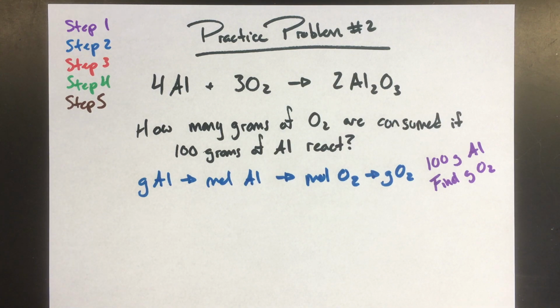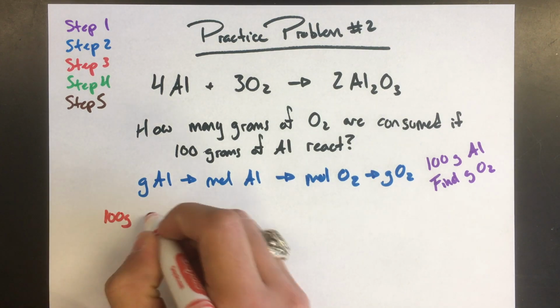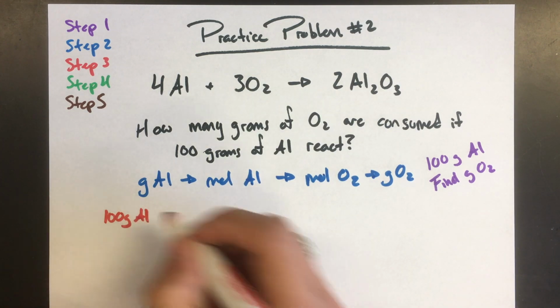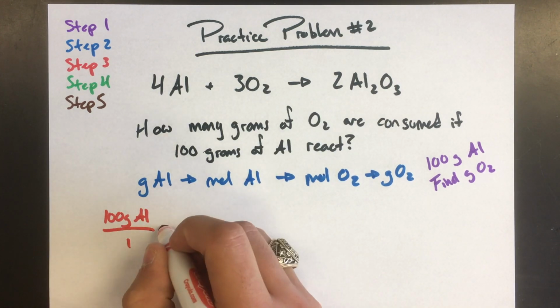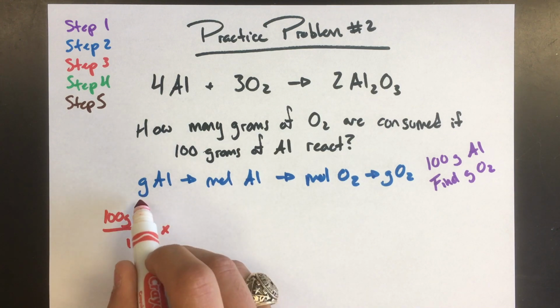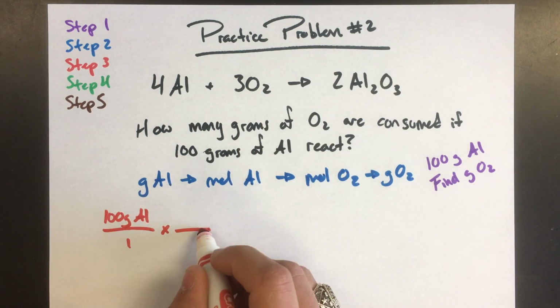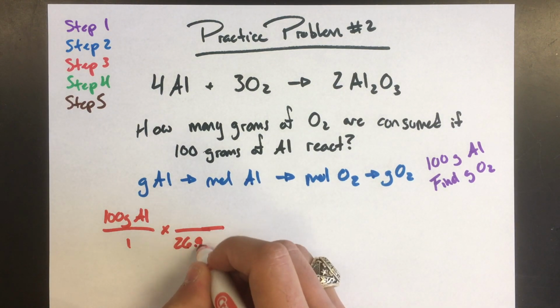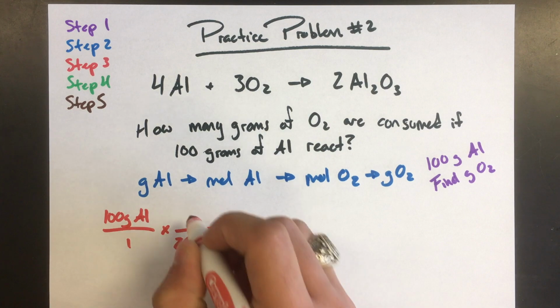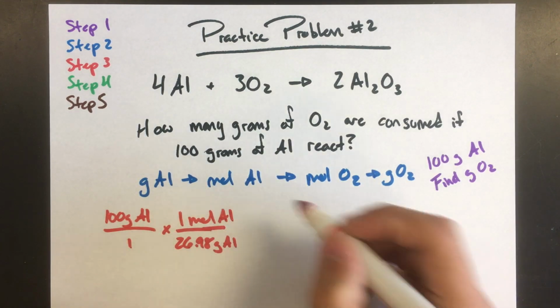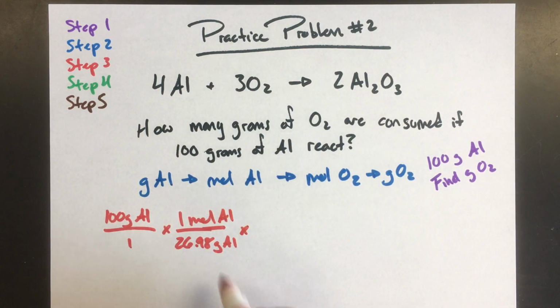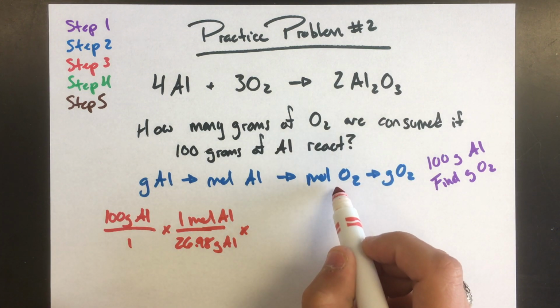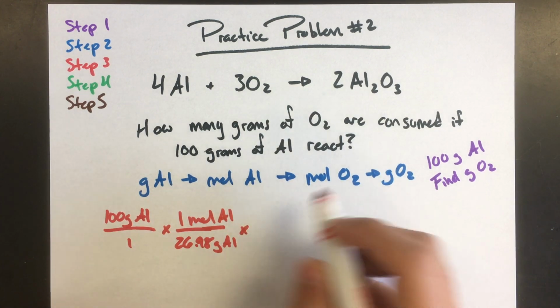Our next step is to write the conversion factors. So remember, we're using our news you can use for this. So we're going to start with 100 grams of Al, and we put that over 1. Then we're going from grams to moles. You should know by now that aluminum has a molar mass of 26.98 grams per mole of aluminum. Then we're going from moles of aluminum to moles of oxygen.